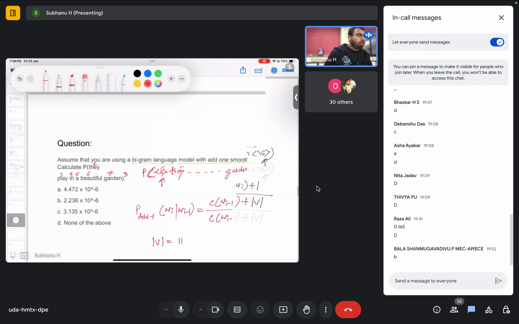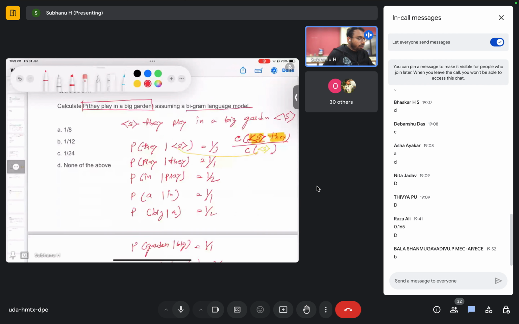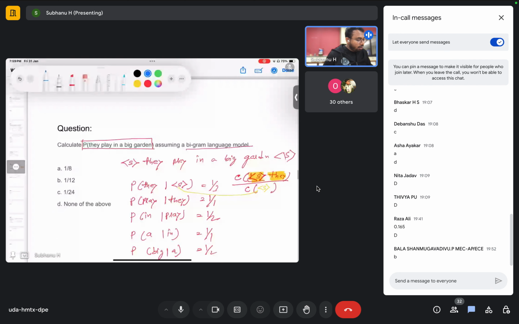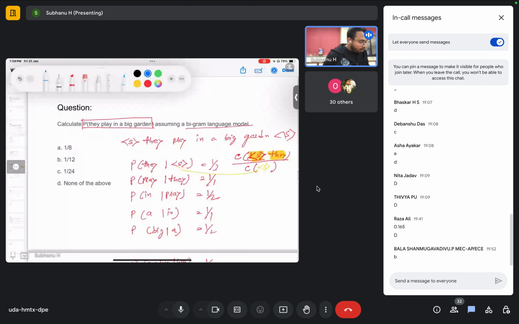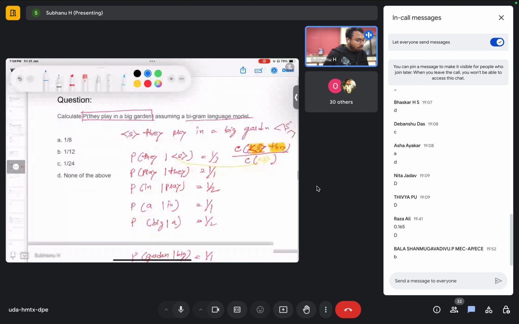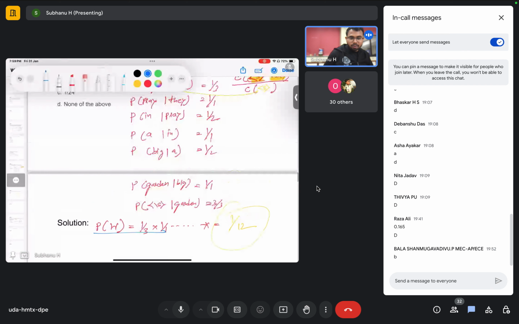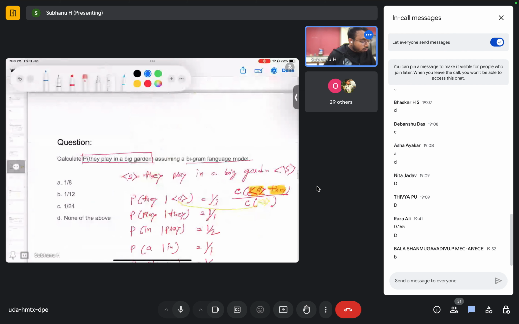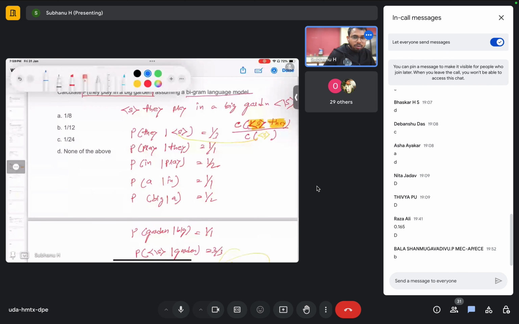You remember, we were trying to find the probability of the sentence, and that's why we are calculating this. So what we have to do here is add 1.